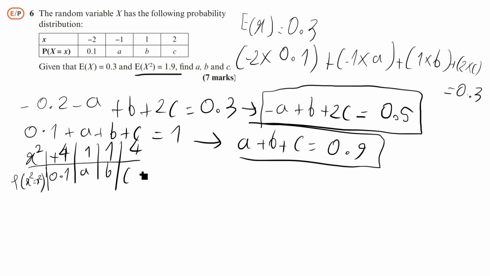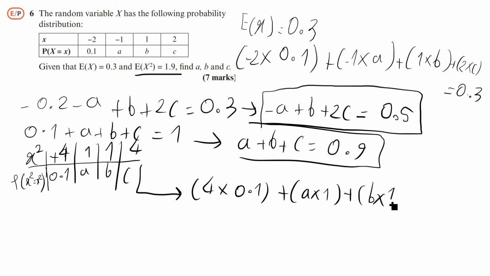If you find the expected value of this part, we will do 4 times 0.1 plus a times 1 plus b times 1, and 4 times c is equal to 1.9.